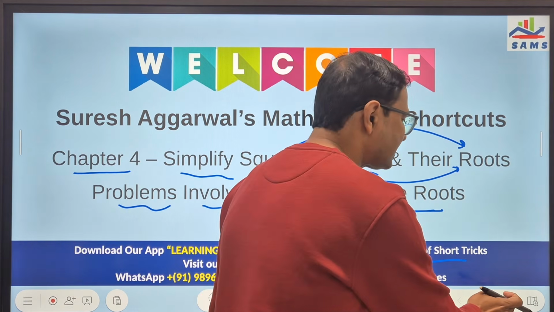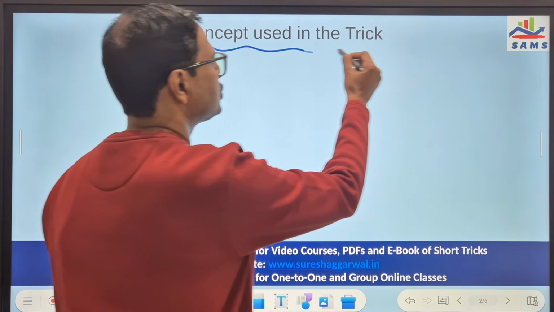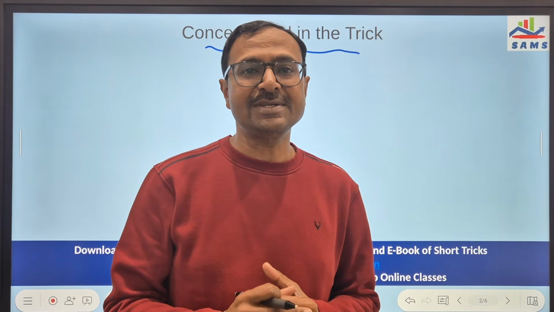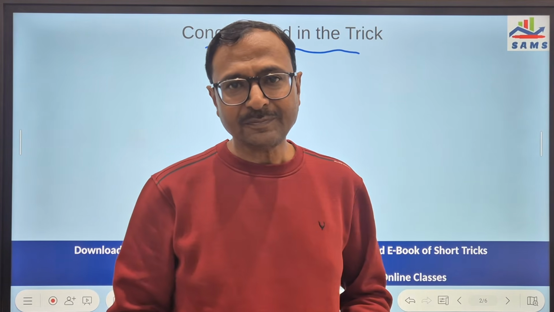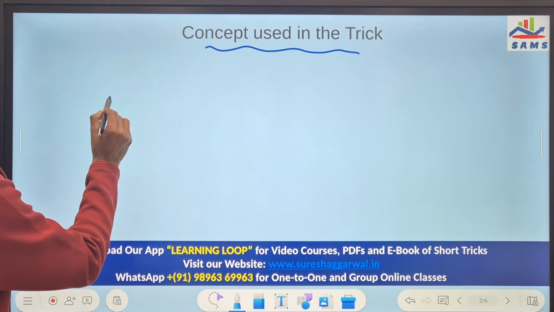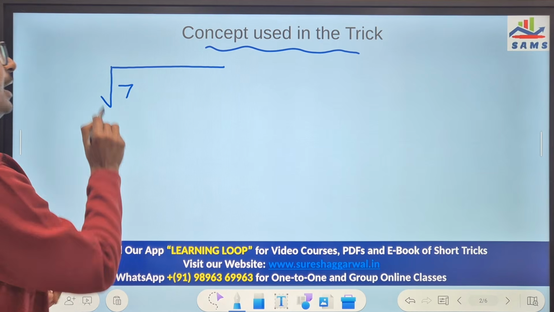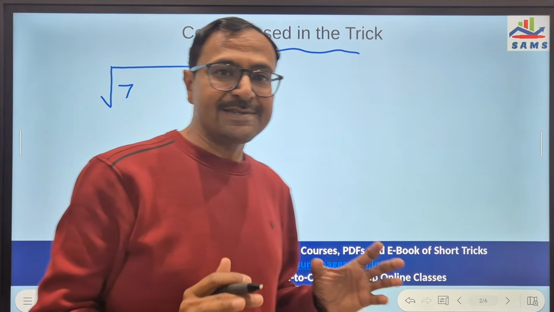So friends, let's study the concept used in the trick and what type of problems are asked in the competitions. Then I will tell you the short trick. Sometimes you must have seen a number 7 having a square root, and I put a big square root here. There is a reason.